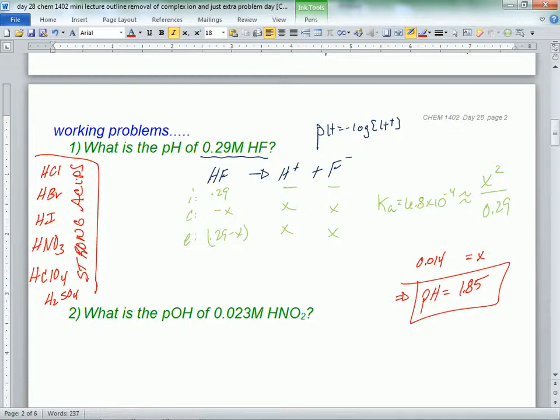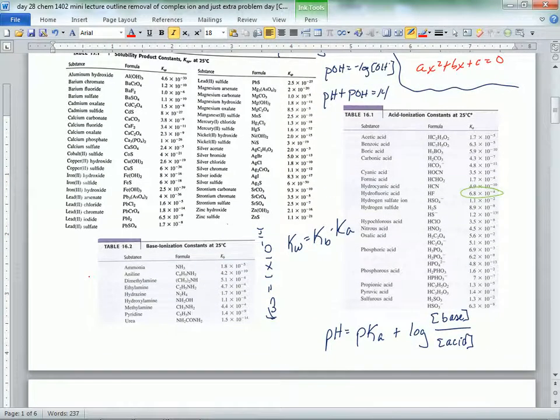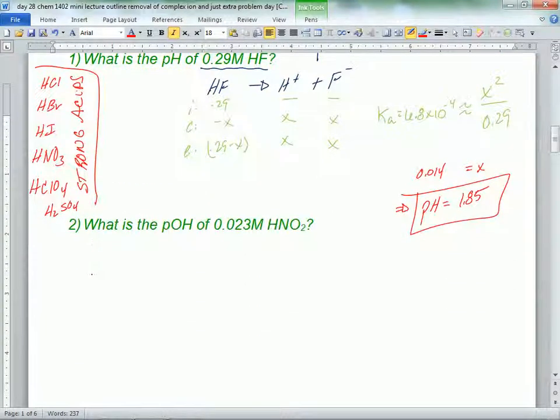So HNO2. Let me look up some of these Kas for you so you don't have to dig them up. It's 4.5 times 10 to the negative 4.